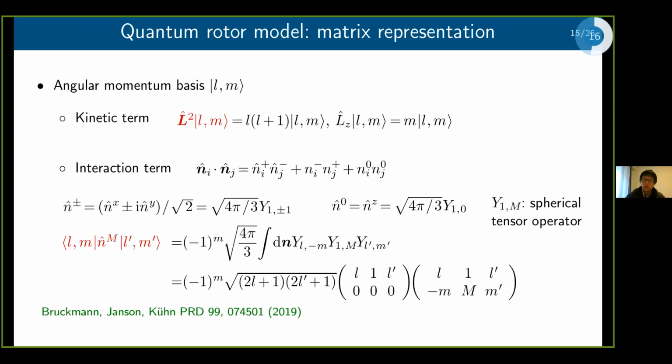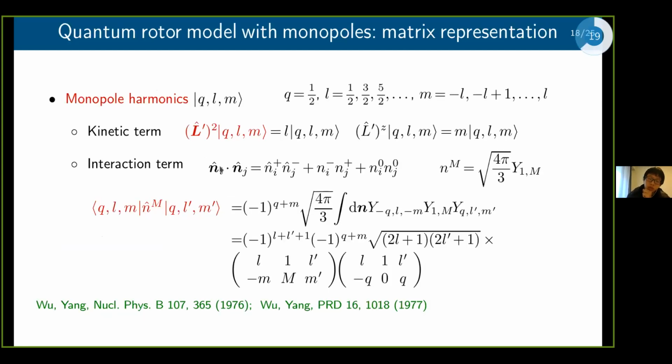And for our practical simulation, this is still not enough, because you can see that this is an infinite basis. So for tensor network simulations, we also need to truncate this monopole harmonic space. Basically, you need to put some truncation onto this basis.